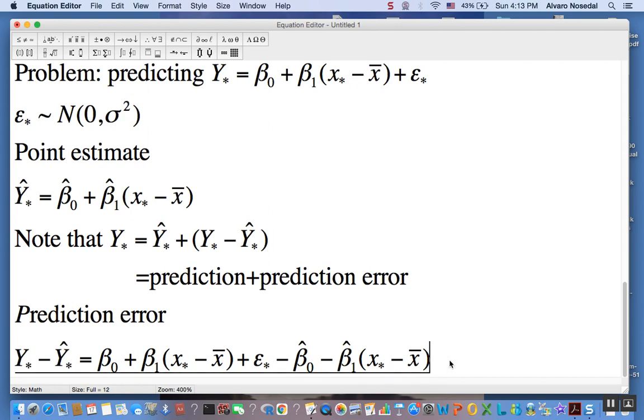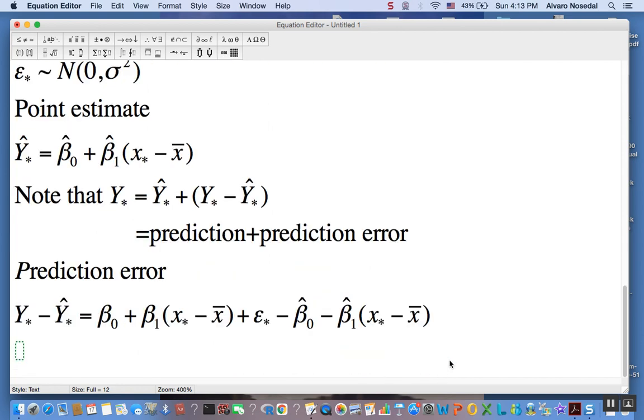Now let's re-express this. Let's find the terms that are similar and rewrite this line.